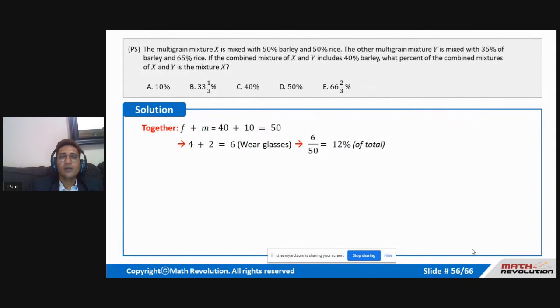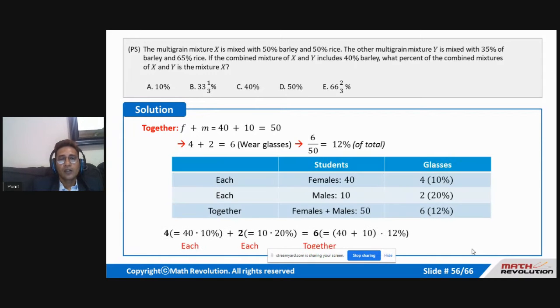Together it becomes 50. 6 over 50 becomes 12%. Each and together, we can often draw such kind of relations. Now, this particular example has nothing to do with barley, so don't get confused. This was just an example to show how we apply each and together.